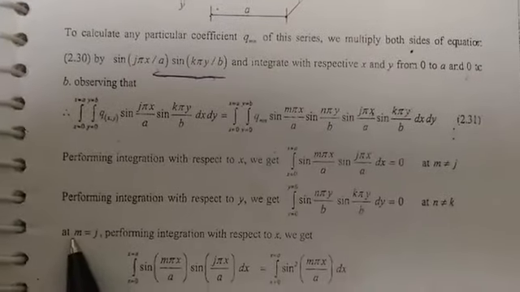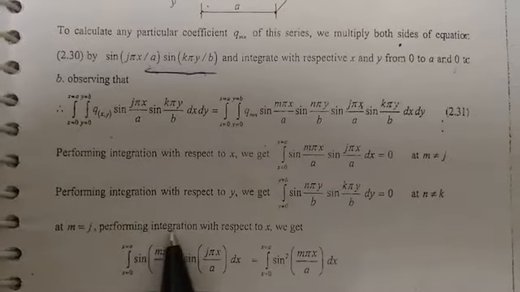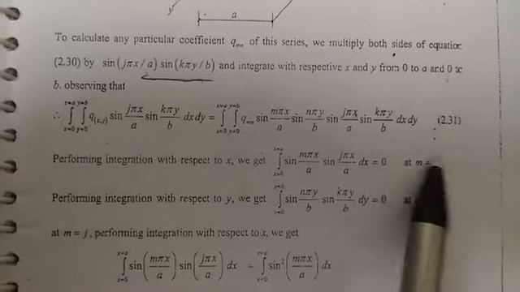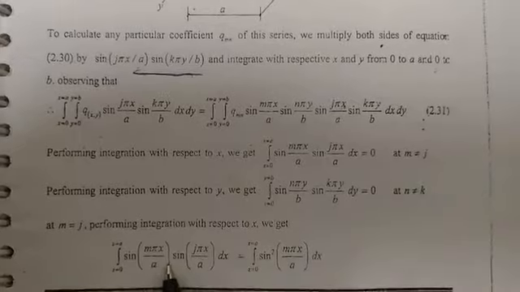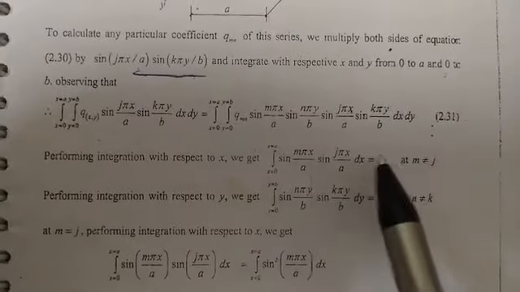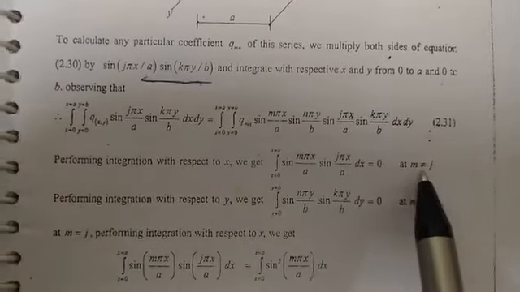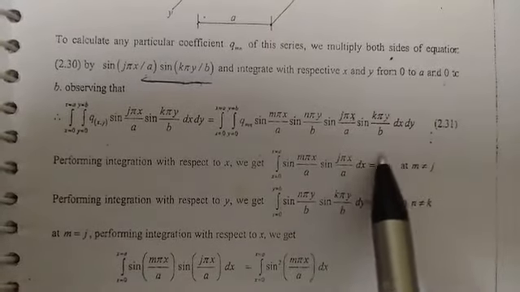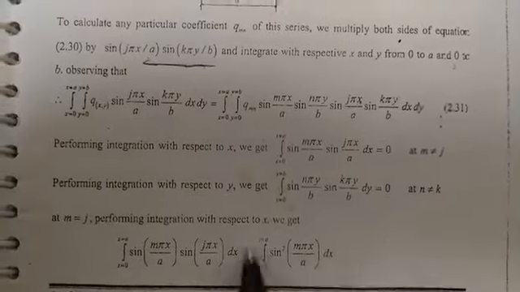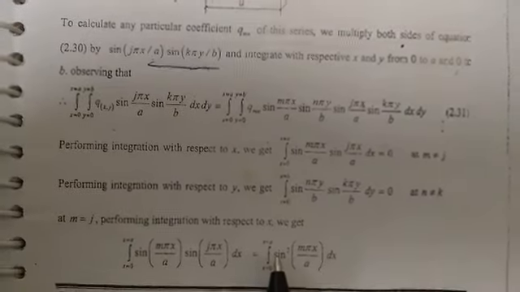Now at m equal to j, performing integration, what will we get? Here we have not yet taken the m equal to j condition, so now we are considering it. If m is not equal to j, then you will get 0. And if you consider m is equal to j, you will get this term.